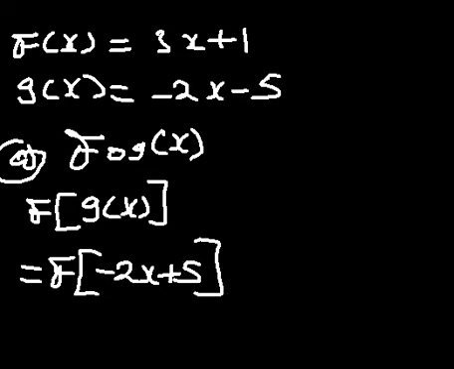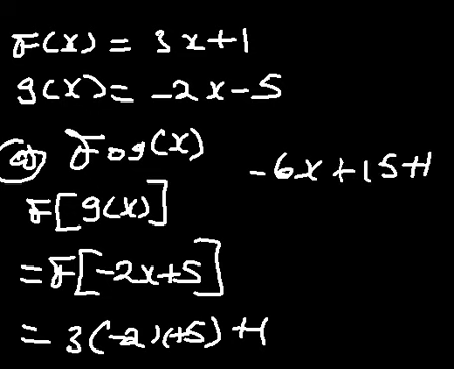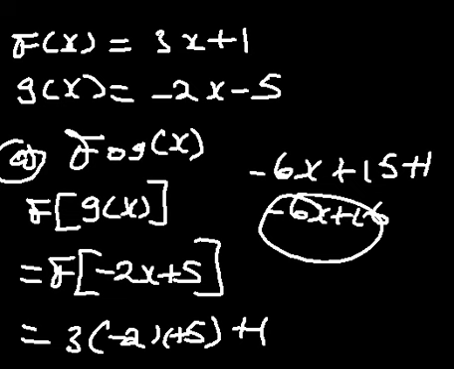Which means we substitute where there's x in the function f of x, because it is an input now. So we have 3 times negative 2x plus 5, plus 1. Which is the same as negative 6x plus 15 plus 1, which is the same as negative 6x plus 16. So that's the composite function of that one.